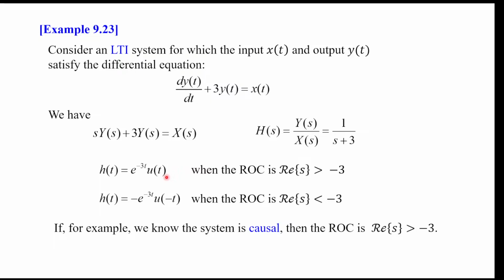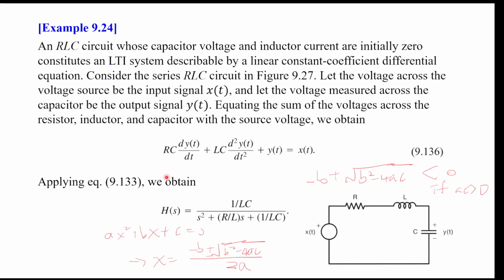Okay, then let's see a more physical example. We have this RLC circuit, and we have some driving voltage here, a resistor, an inductor, and a capacitor, and we assume that the system is initially 0.